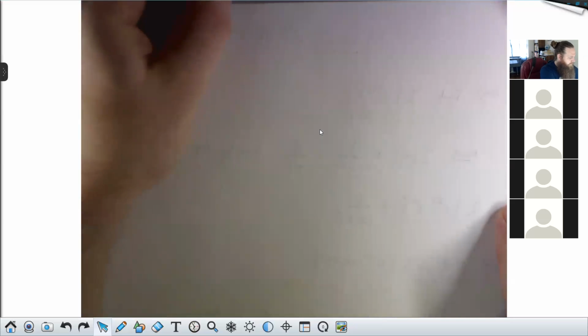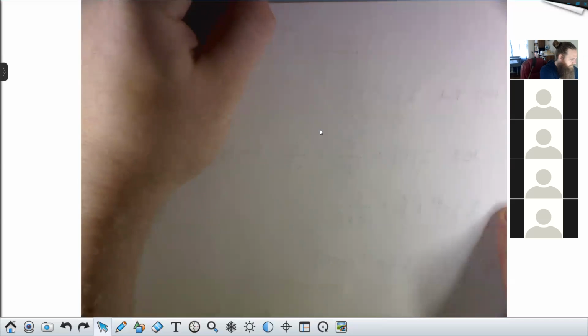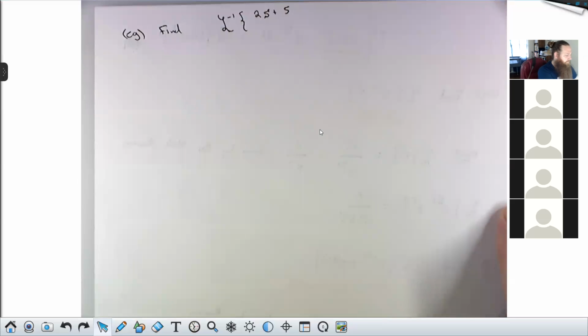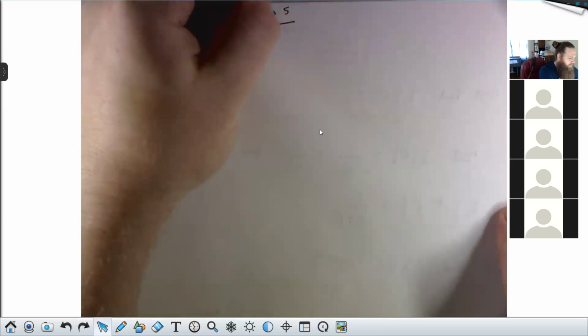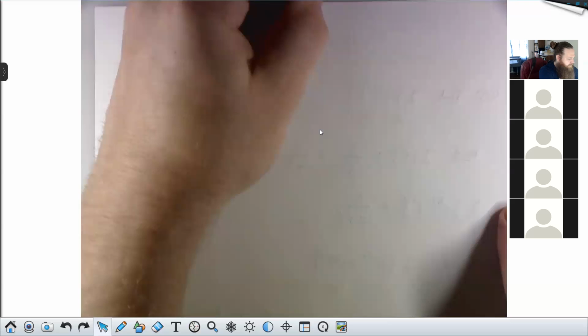So let's find the inverse Laplace transform of the following: 2s plus 5, and my s's I'll put tails on like that when there's a 5 around, divided by s minus 3 quantity squared.